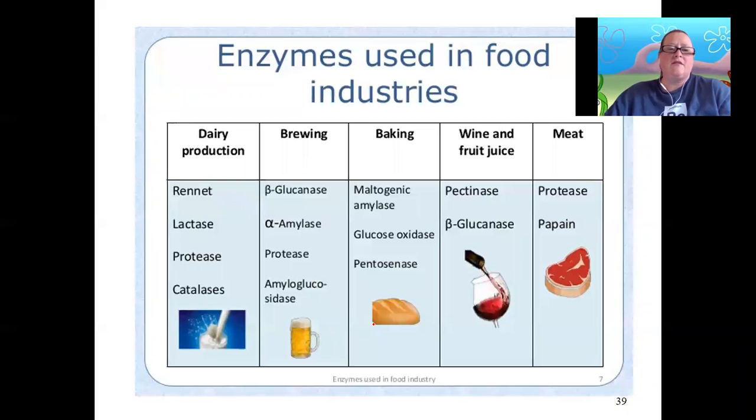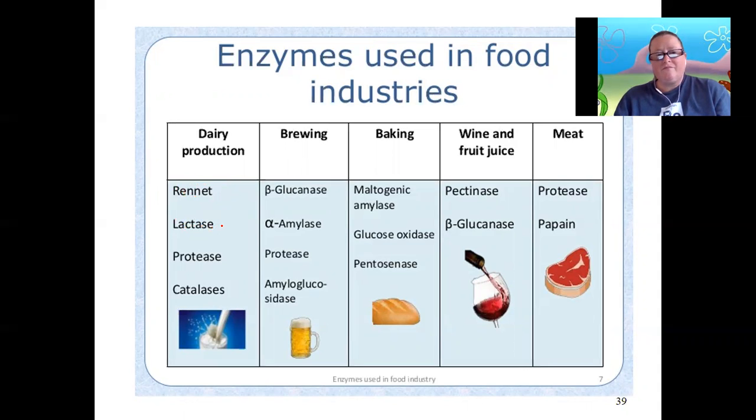So a couple of examples of enzymes used in food industries. Within dairy production, rennet is an enzyme that is used in the cheese making process. Lactase is an enzyme that breaks down the sugar called lactose and metabolizes it.